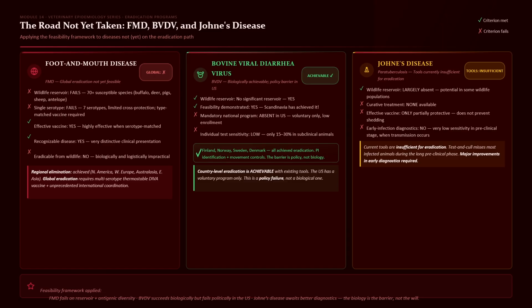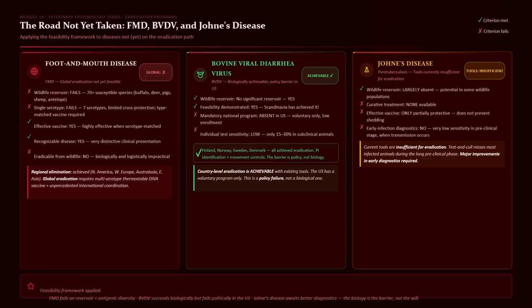PI cattle, born to acutely infected dams during early gestation, are immunotolerant to BVDV and shed virus continuously for life. Ear notch ELISA at birth identifies PIs. Remove all PIs and you remove the primary reservoir. The U.S. voluntary program, incomplete participation, no national coordination, no eradication pathway currently exists.